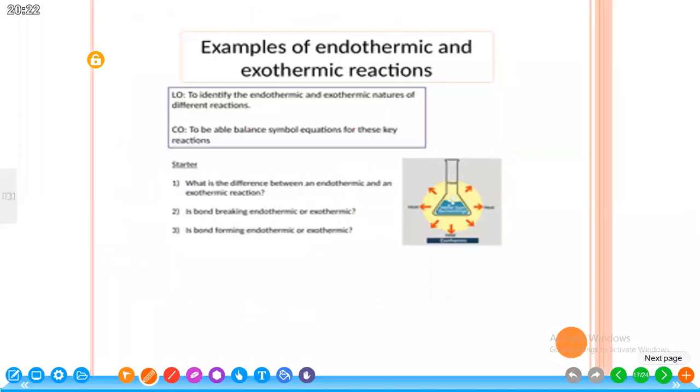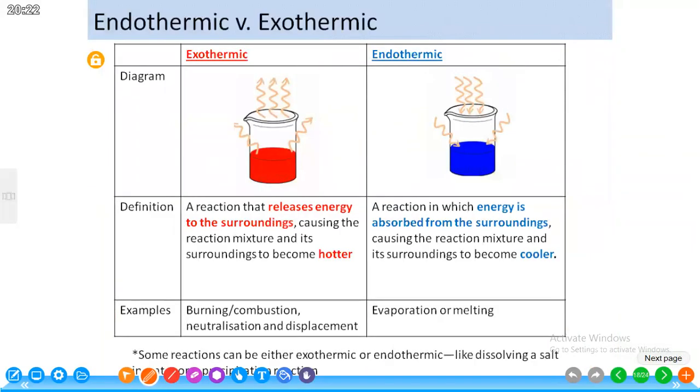So this is another question for you. You know the differentiation between exothermic and endothermic reactions, and this is the diagram here. Loss of heat is called an exothermic reaction, and absorbing or gaining heat is called an endothermic reaction.